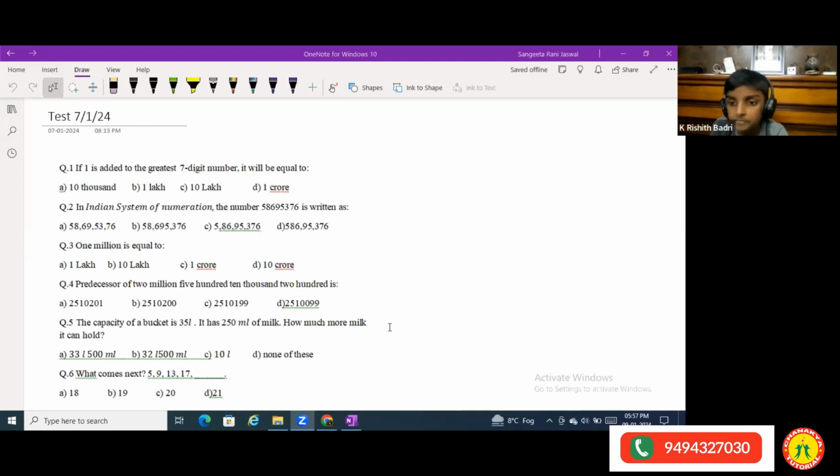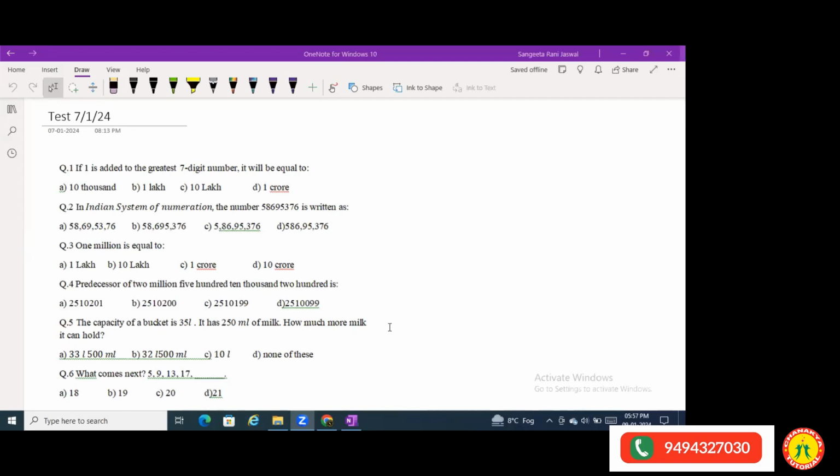So it already has 250 milliliters, and we take the difference. That means the answer is nowhere here. So pick none of these.